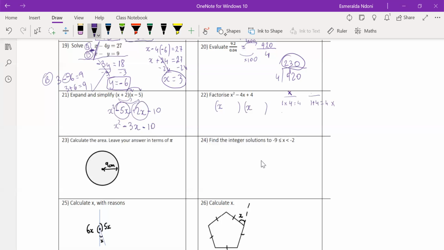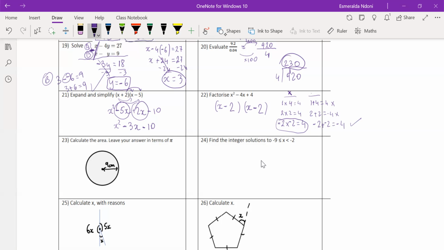Well, no. I have 2 times 2 is 4. Is 2 add 2 negative 4? No, it's not. So let's try negative 2 times negative 2. Well, that gives me a positive 4. Does negative 2 add negative 2 give me a negative 4? This is how you need to ask yourself. Well, the answer is yes. So we know that this is the pair that we need: negative 2, negative 2. And that is finished. That would be your final answer there.